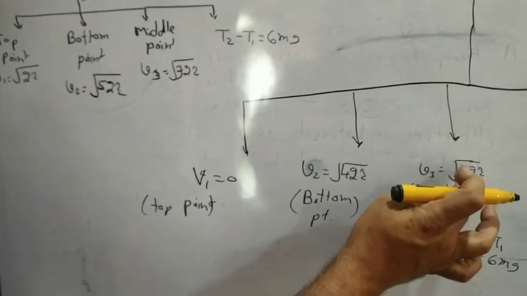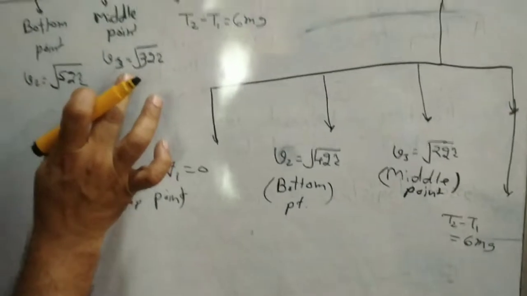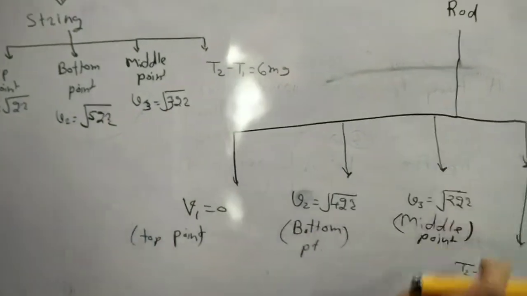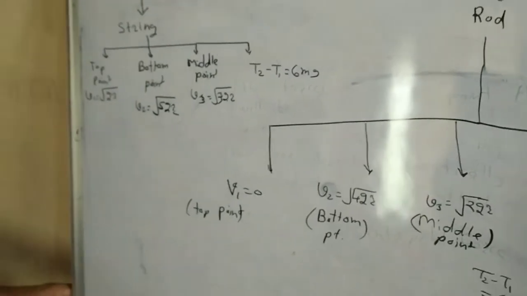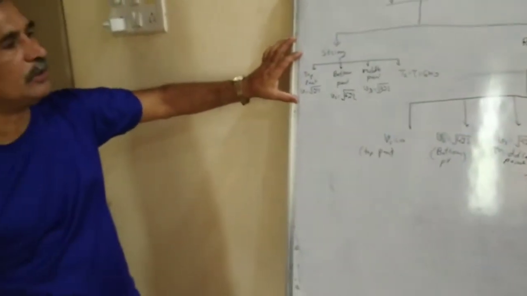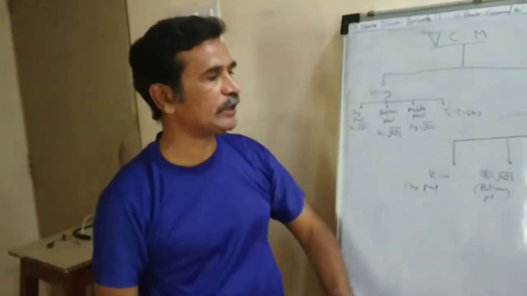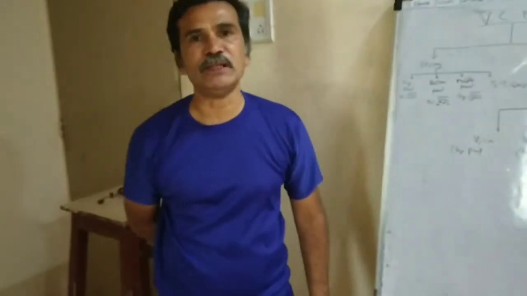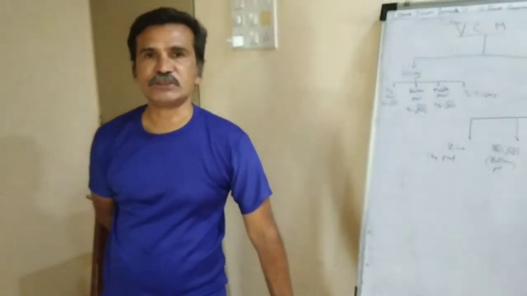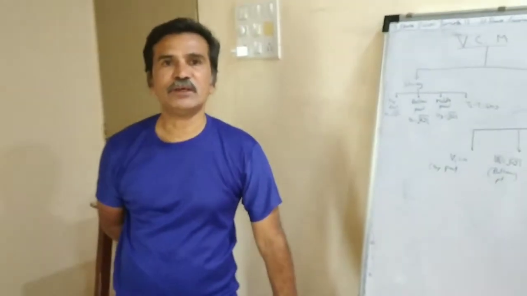V3 is equal to under root 2gr, whereas here V3 is under root 3gr, and in tension the difference is the same. So we should know the proper formulae while solving examples. A small difference is there. If you understand the difference, it is possible to remember all the formulas in the examination. Now we stop here. Next I will see the remaining part of this chapter.